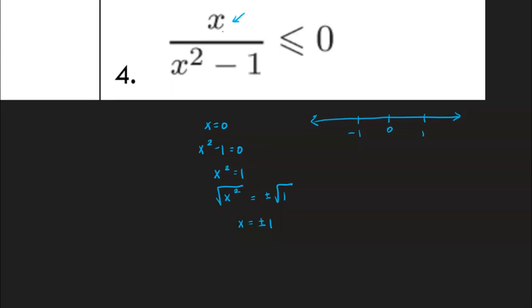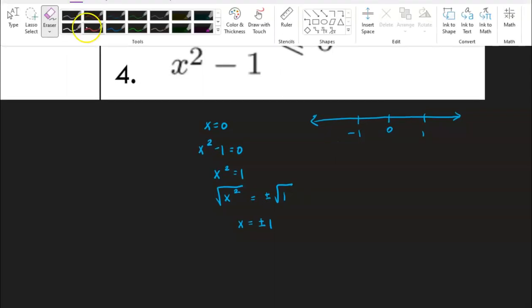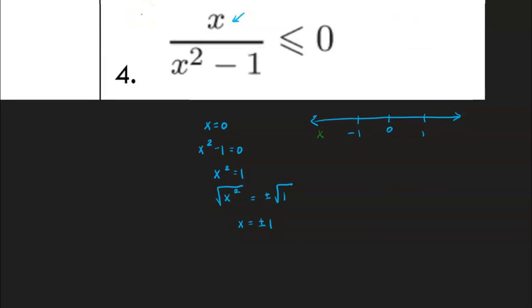I'm going to test x equals -5. Let's put that in a different color. I'm going to test x equals -0.5, and I could test x equals 0.5, and then I could test x equals 2.